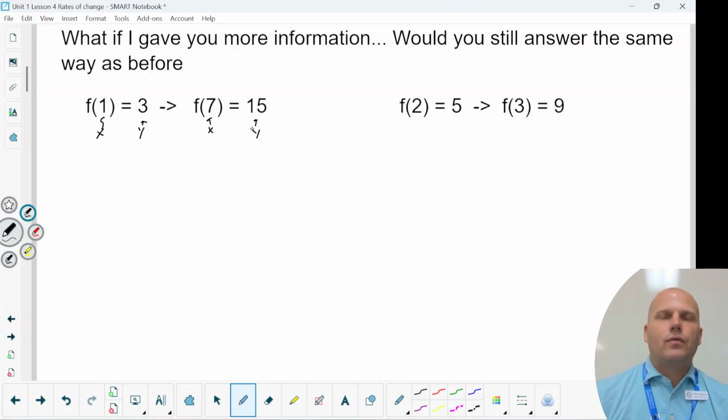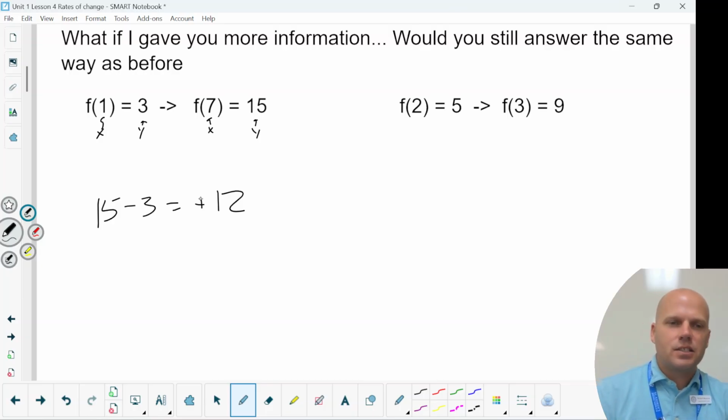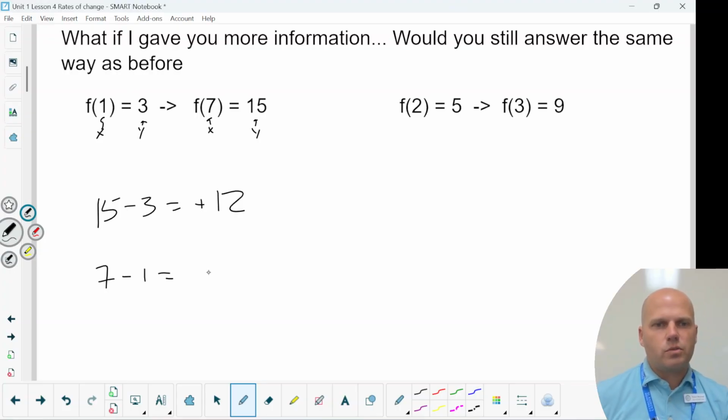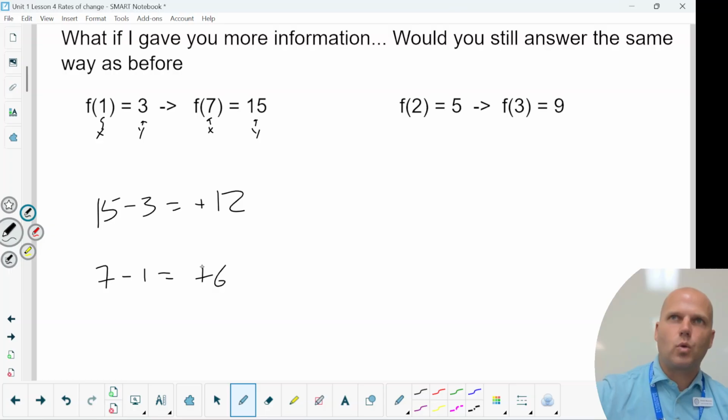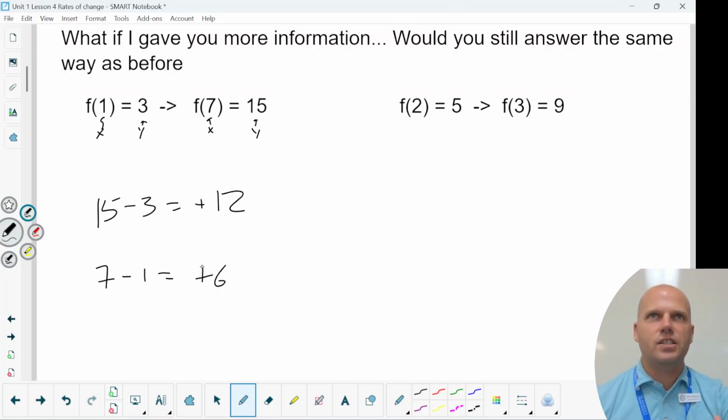Now we have the idea that our y's increased 12, but over the course of how many x's? You could say, well, my x change was plus 6. So I increased 12 y's over 6 x's.